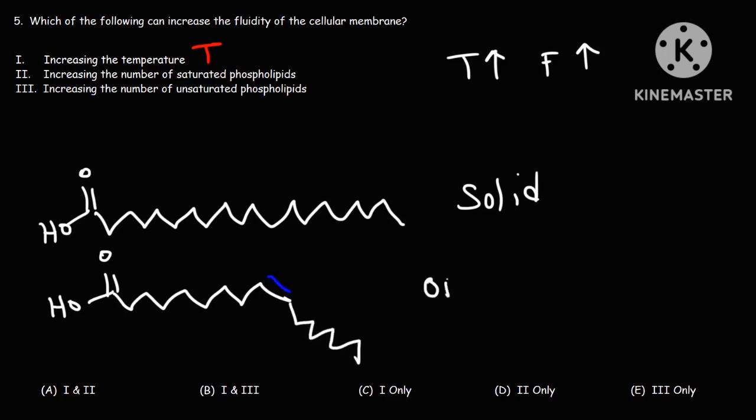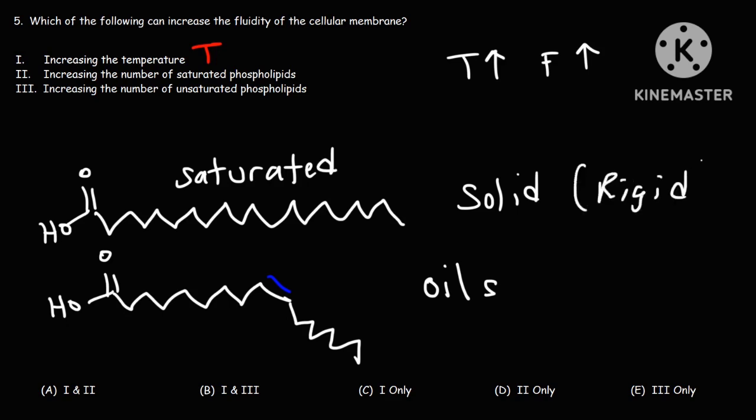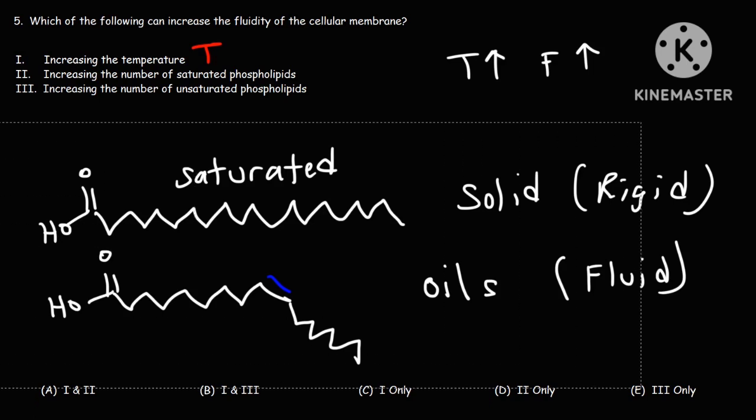So these type of fatty acids tend to be liquid or oils at room temperature. So you need to understand that saturated fatty acids and saturated phospholipids, they tend to be more rigid, whereas the unsaturated phospholipids will have more fluidity. They're going to be more liquid.